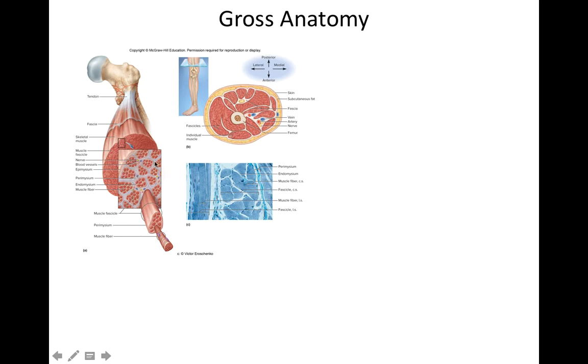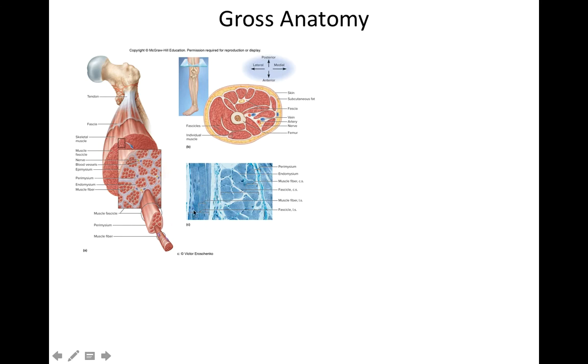Each one of these is called a fascicle. Okay. So the connective tissue surrounding each of these fascicles is the perimysium. So you can see it here on a slide. This is your perimysium sort of running through in these areas here. Okay, so this is your fascicle right there.